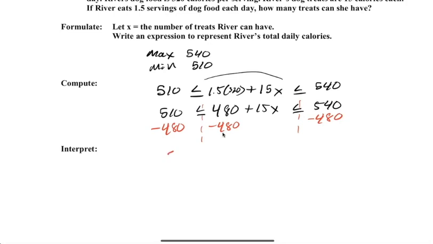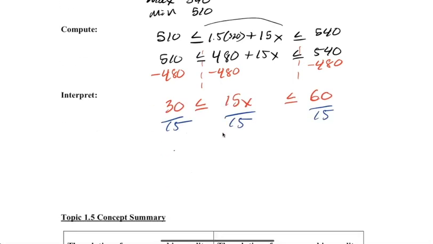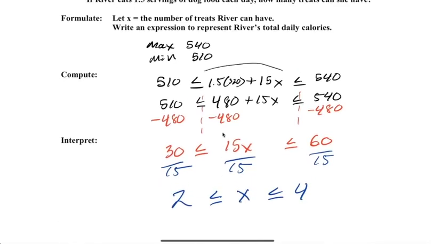And I'm going to get 30 is less than or equal to 15x, is less than or equal to 60. Then to get rid of the 15, we're just going to divide everything by 15. So I get 2 is less than or equal to x, is less than or equal to 4. So that means River, the dog, could have between 2 and 4 treats a day.